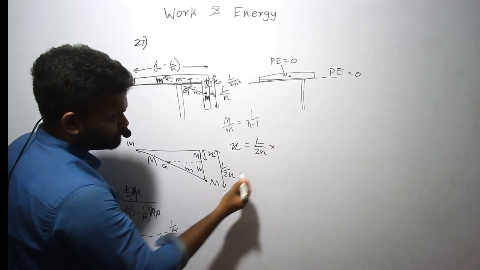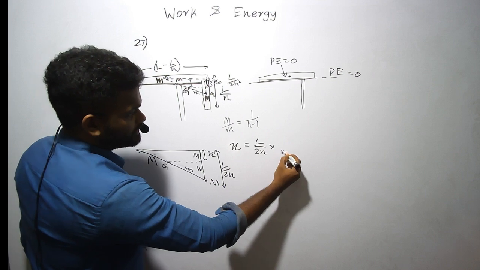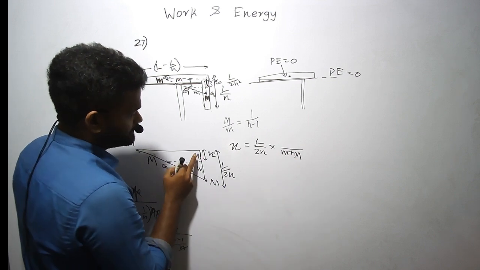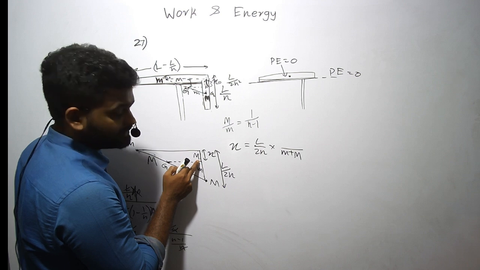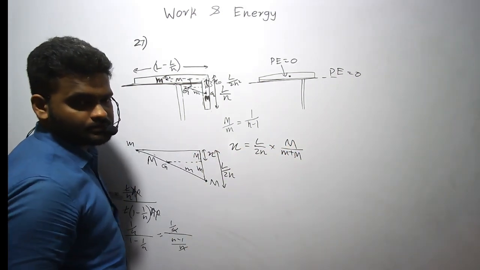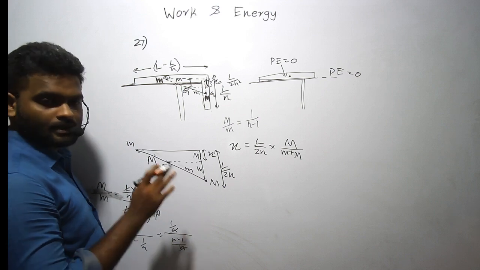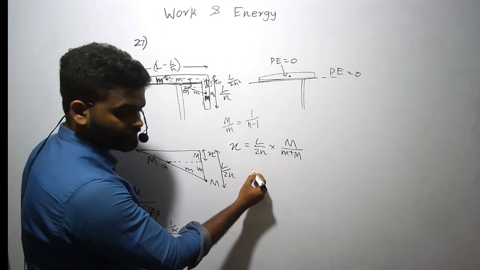From L over 2N, the ratio is capital M to simple M. Then you have to add the ratio, and get the length related to capital M. This is what you need. Got it? Understood?